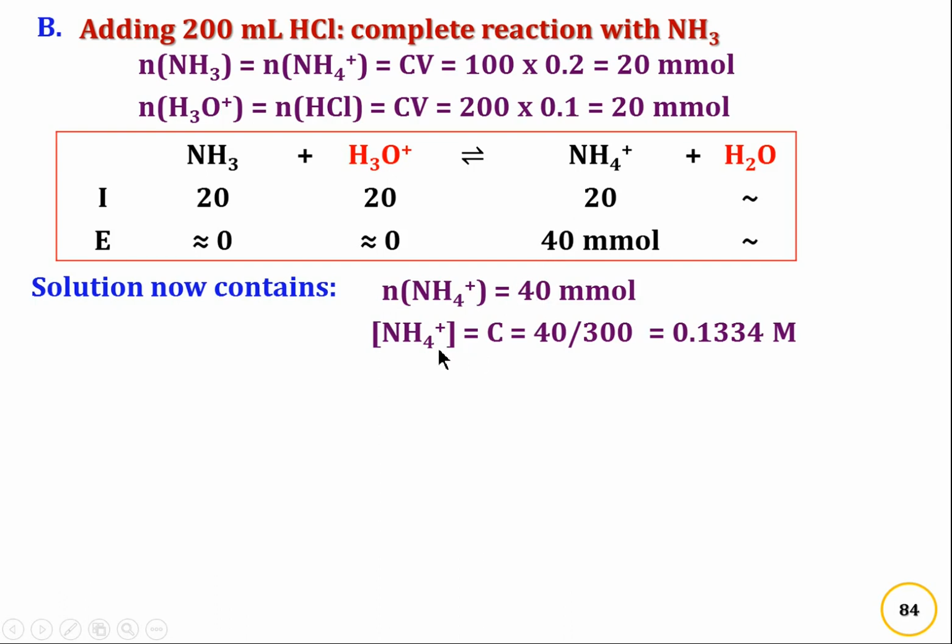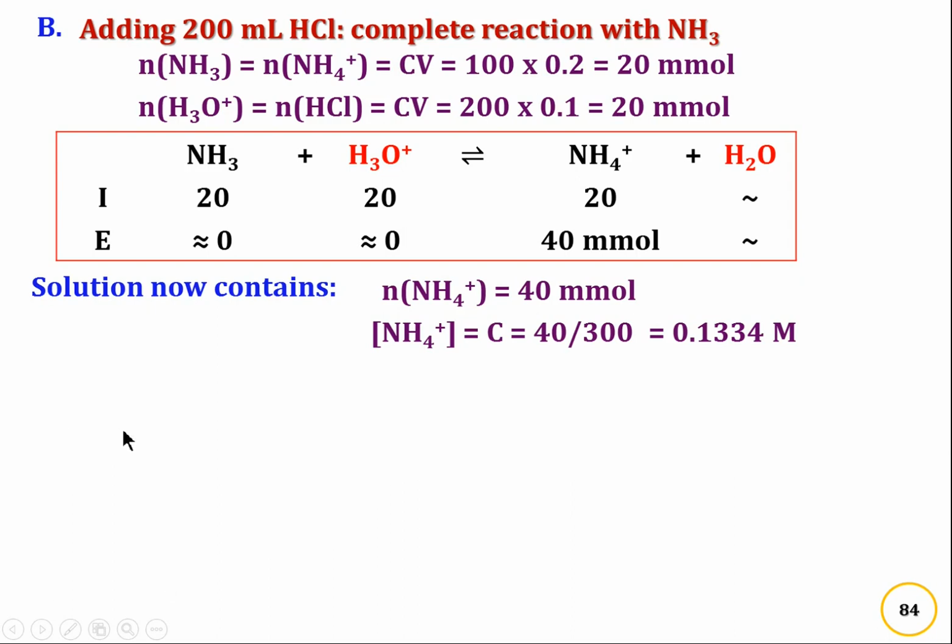And the concentration is equal to the number of moles divided by V total, and the V total is equal to the 200 ml of HCl added and the initial 100 ml present, so equal 300 ml, and the concentration is 0.1334 molar. Since the number of moles is in millimole, you can put the volume in milliliter.